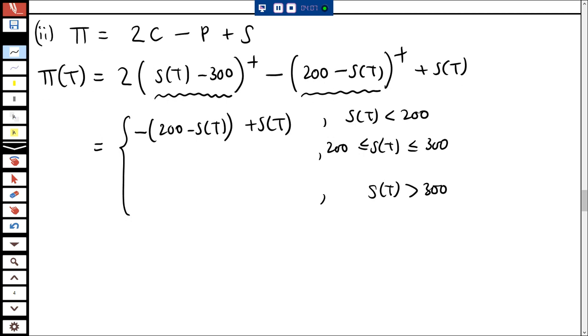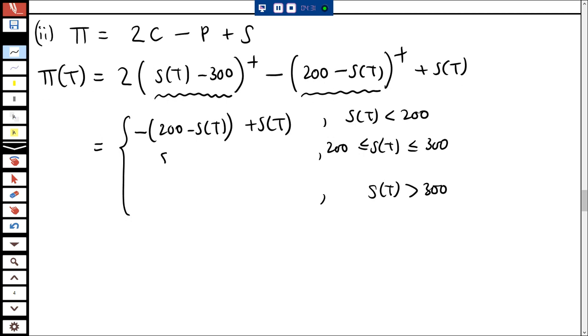Yep. Okay, the second case: the share price is between £2 and £3. So the first term is definitely 0. The second term is negative or 0, so just call it 0, because when we take the plus, we're ignoring all the negatives and setting them to 0.